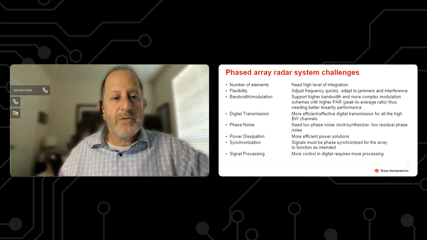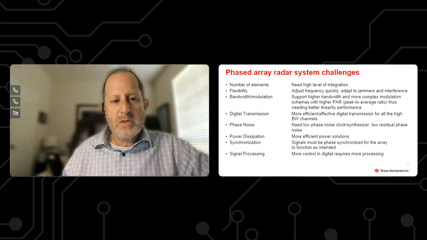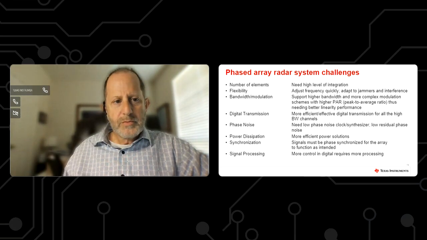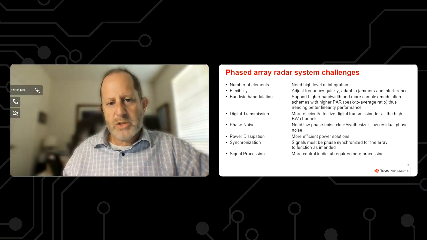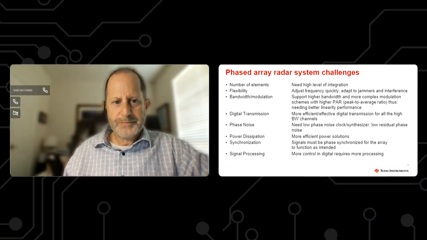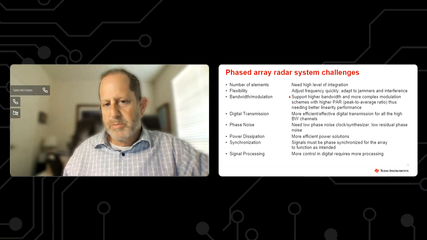All right, there's a myriad of different phased array radar challenges with these solutions. We're talking about something that has a high number of elements. With a high number of elements, we need to be looking for cases where there are high levels of integration. We need flexibility, so we can adjust frequency quickly. We can adjust gain and phase quickly. We want to be able to adapt to jammers and interference. We want to be able to support higher bandwidth and more complex modulation schemes with higher peak to average ratios.